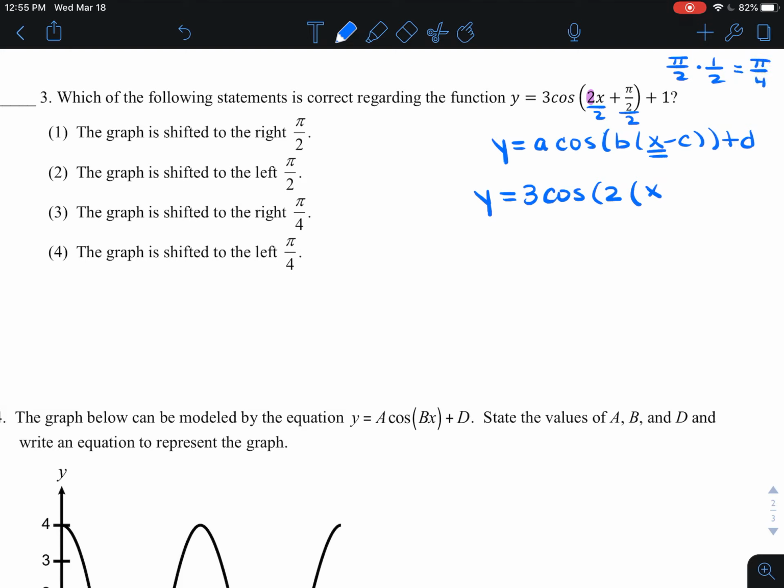This is going to become pi over 4. So the frequency is still 2. That doesn't change. But what is changing, and what this question is asking, is what is the horizontal shift? And a lot of us put pi over 2 to the left, but that's not correct because that isn't the horizontal shift since the frequency was not factored out. It's actually going to the left by pi over 4.